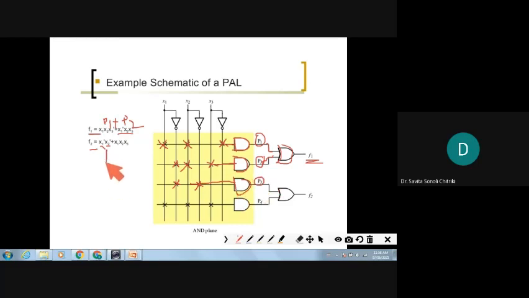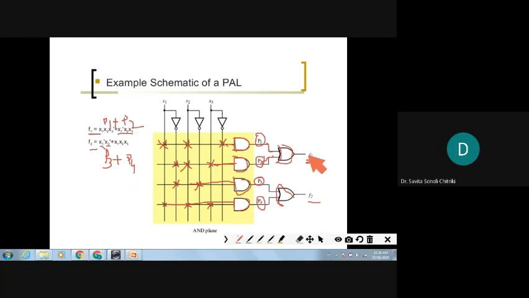I have marked this as product P3, X1' X2', ORed with what is asked next, X1, X2 and X3. This is passed through one more AND gate, so I get the product P4. Later, P3 is ORed with P4 to get the function F2.